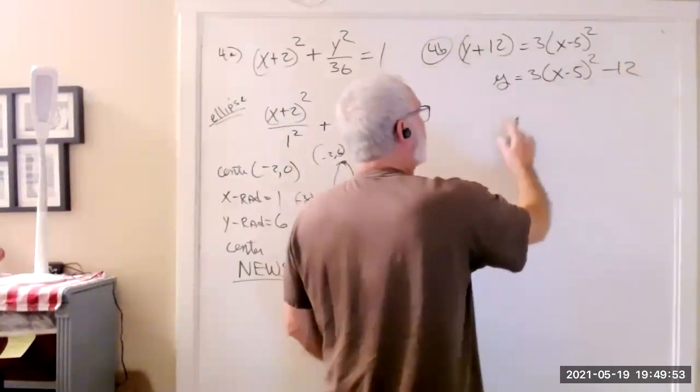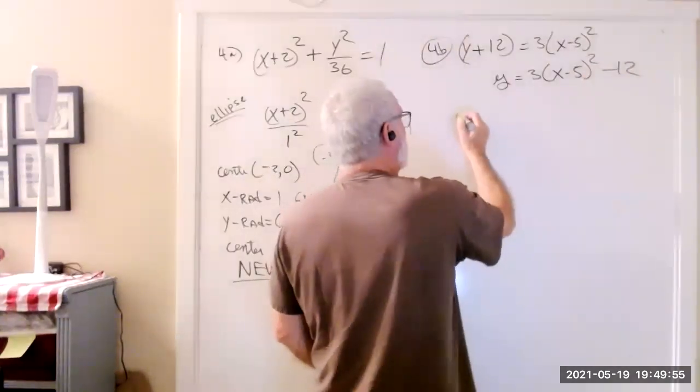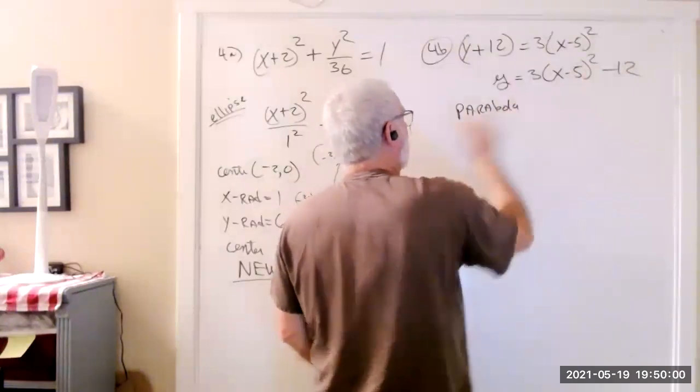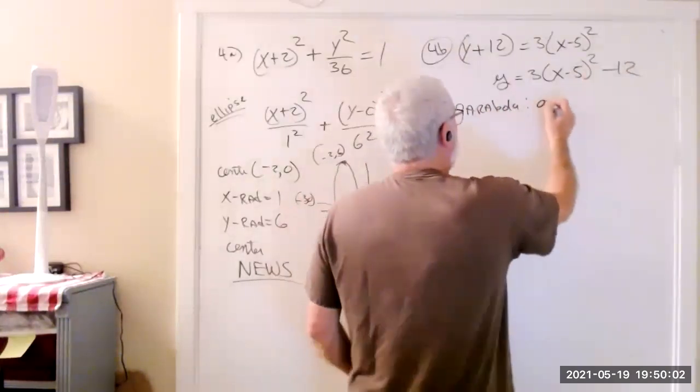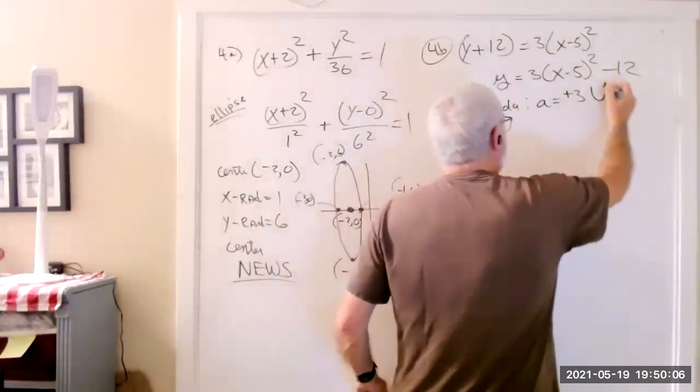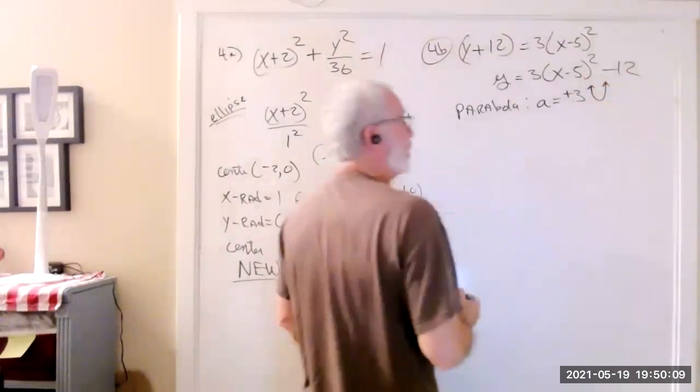Notice it's in vertex form. Well, lots of things. First off, I know it's a parabola. And I know that my A value is +3, so it's going up for sure.